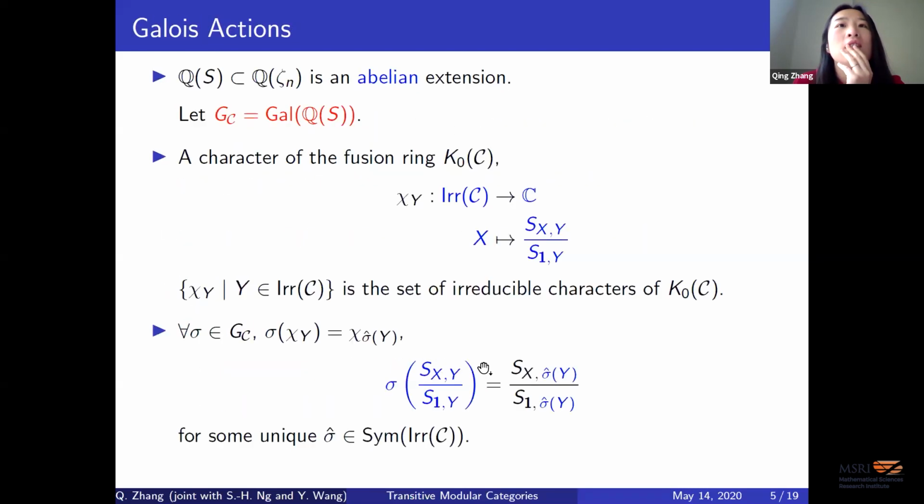We divide the S matrix by the first row, and we have a list of algebraic numbers, and we try to see how you permute them.